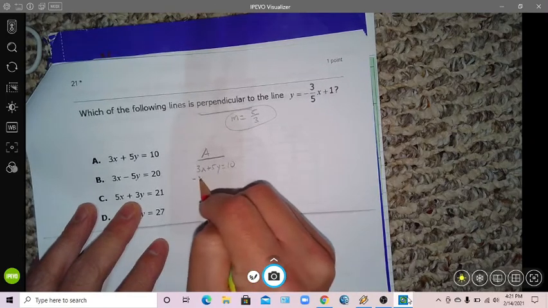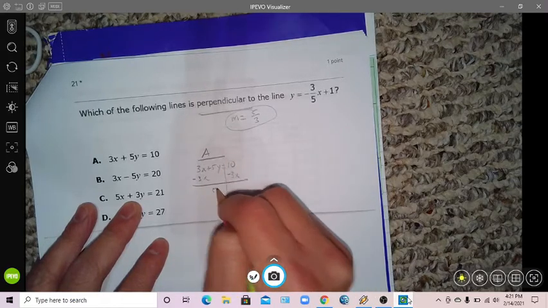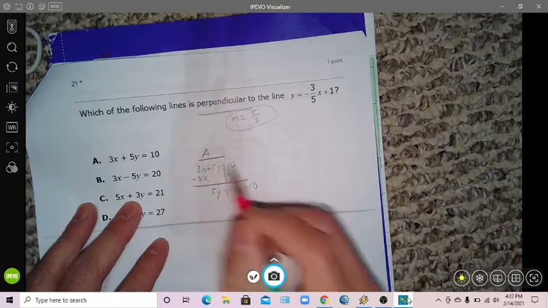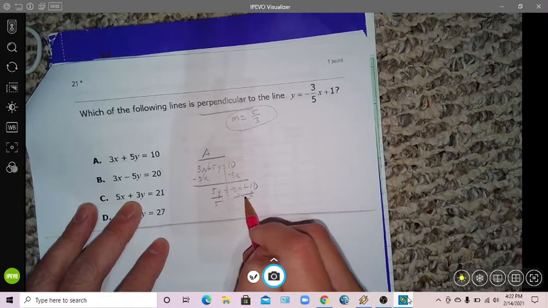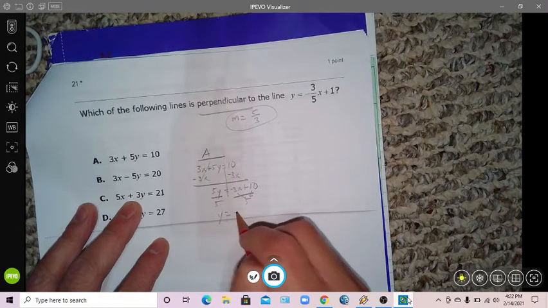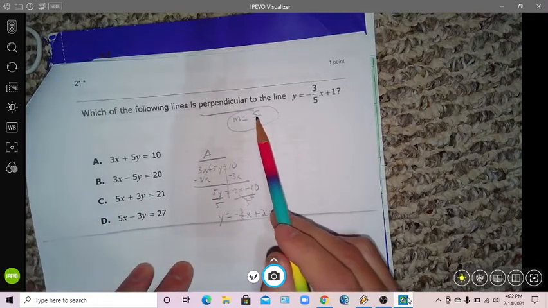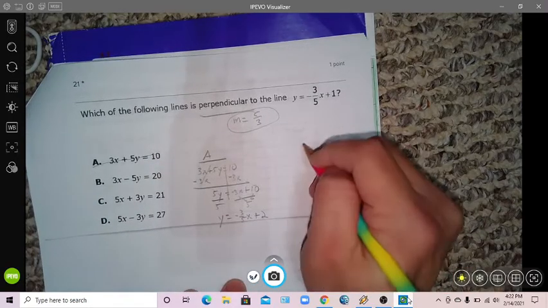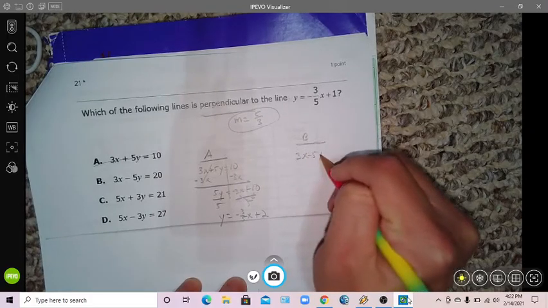Minus 3x, minus 3x. So I get 5y equals negative 3x plus 10. And then I divide by 5. So I get y equals negative 3/5x plus 2. I want 5/3, so it's not option A. Let's do option B. I get 3x minus 5y equals 20.